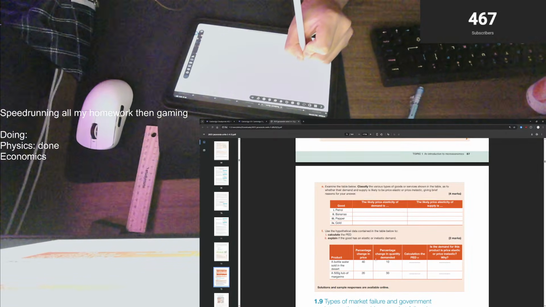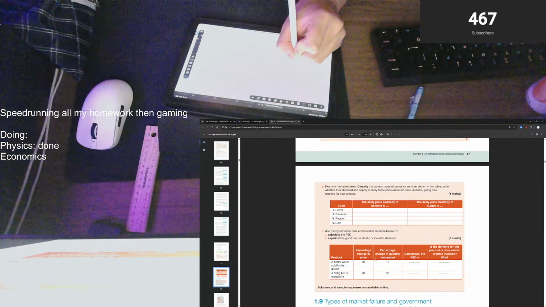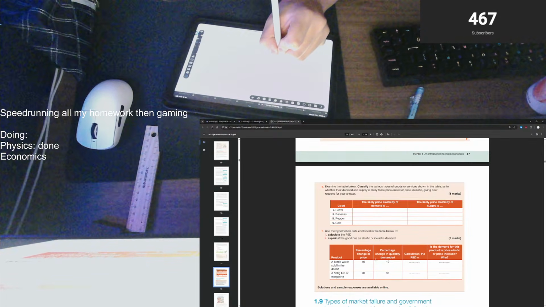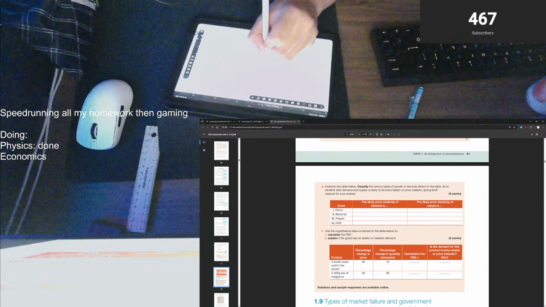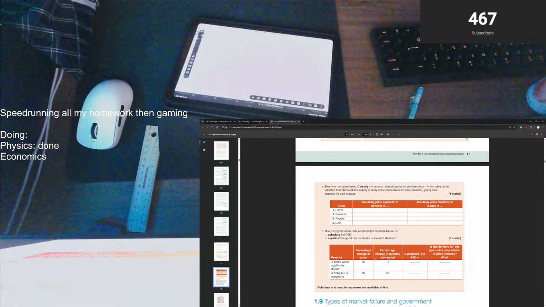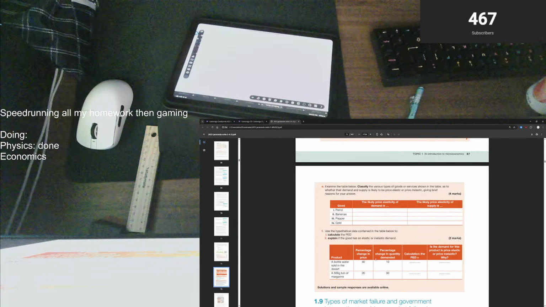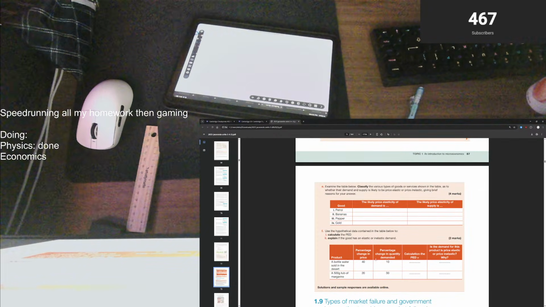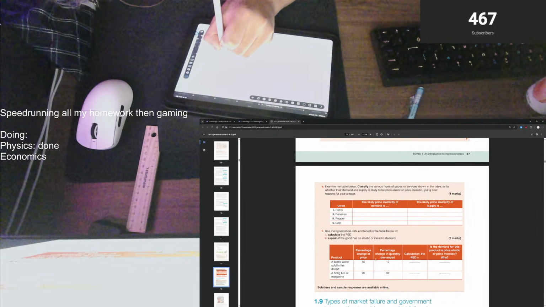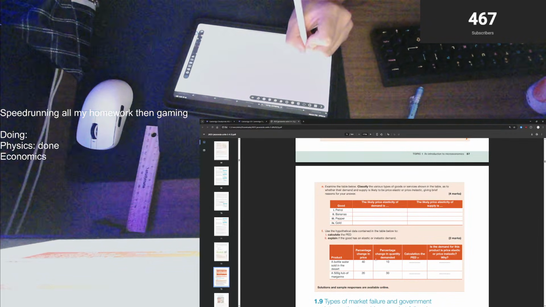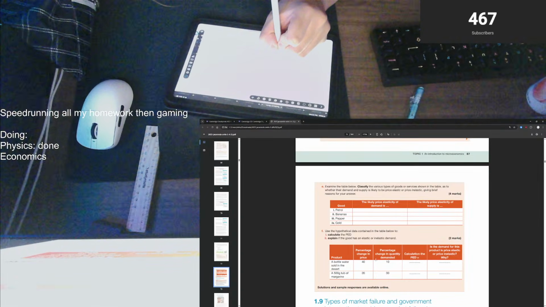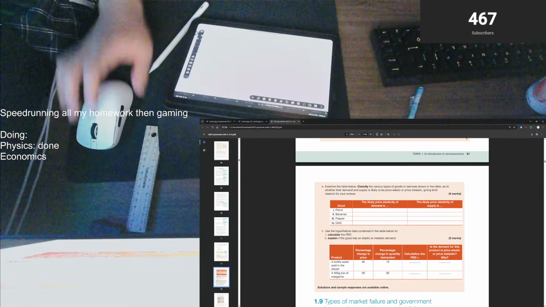Bananas. Pepper. Price, probably. How do I tell?